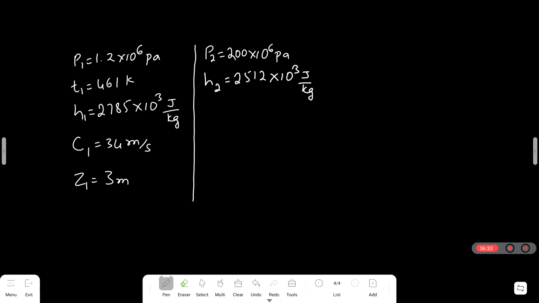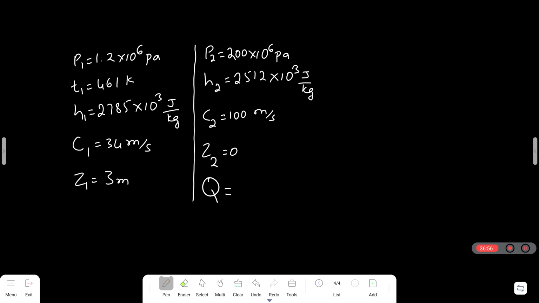Next, velocity is 100 meter per second. Very good. Next, heat lost. Class, look at the board.